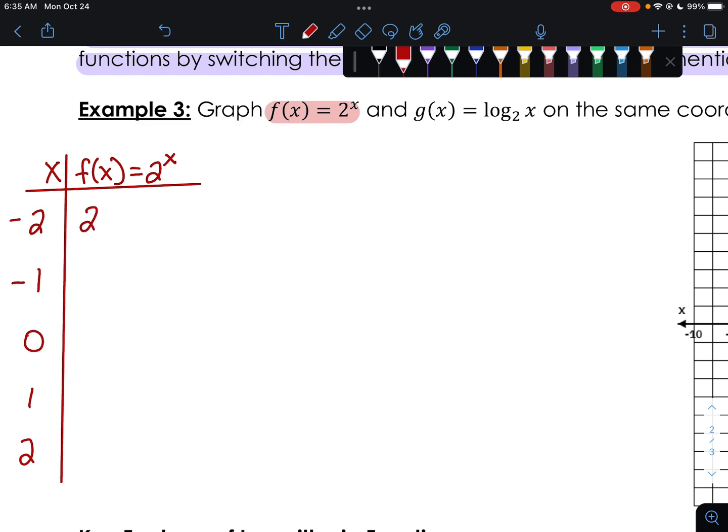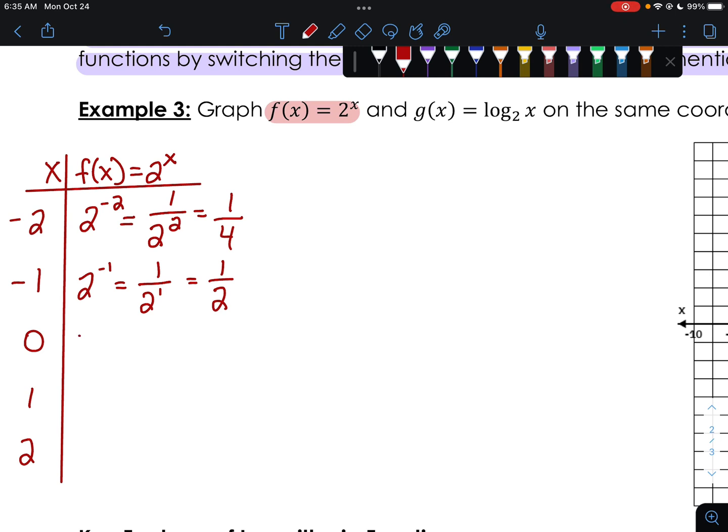I have 2 to the -2nd power. When I have a negative exponent, I can switch it to the denominator, which gives me 1 over 2 to the 2nd power, which is 1/4. Then I have 2 to the -1st power, which is equal to 1 over 2 to the 1st power to get rid of the negative, which is equal to 1/2.